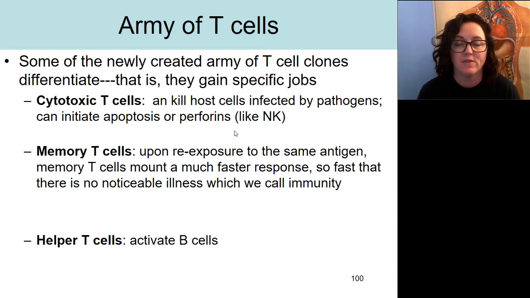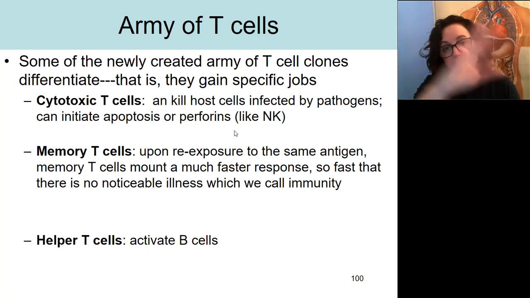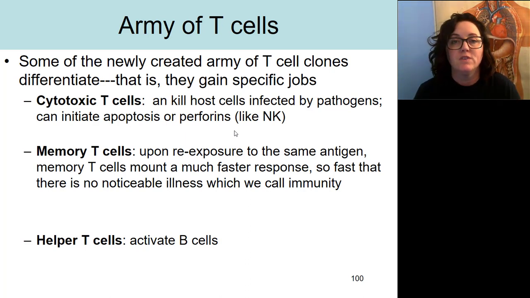Apoptosis is programmed cell death. Basically, the cytotoxic T cell says, hey, you need to kill yourself because you're infected with a virus. Cytotoxic T cells can also release perforins like natural killer cells, and the perforins will kill the self cells.